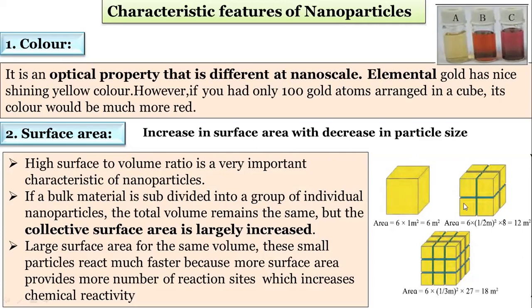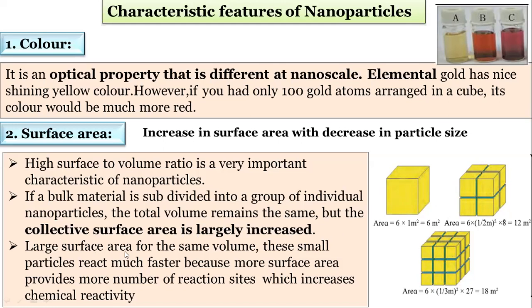The volume remains the same, but one important thing is changed: the surface area. The volumes remain the same, but see, the surface area is increased here. When the size decreases, its surface area increases.